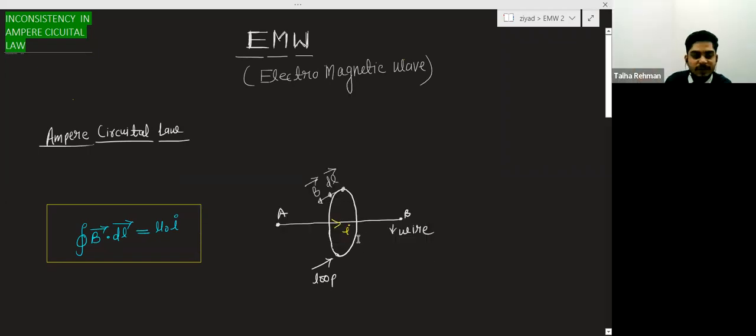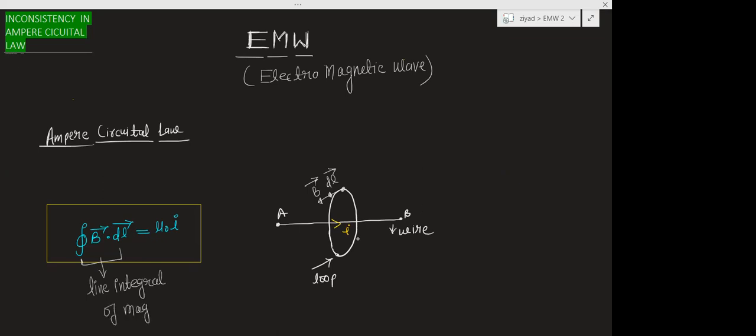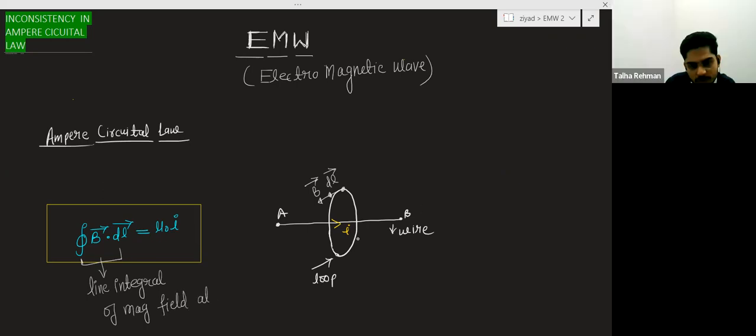So basically, what is this term? This is the line integral of magnetic field along a closed path.